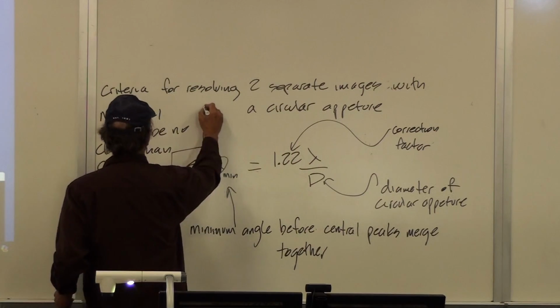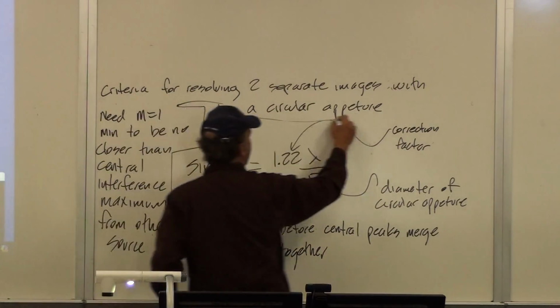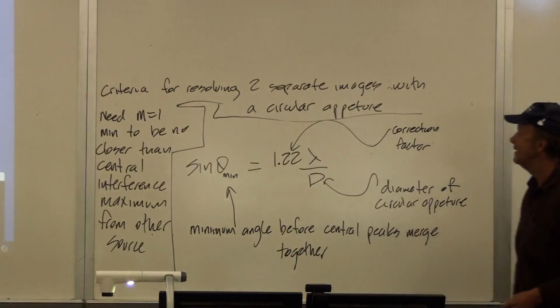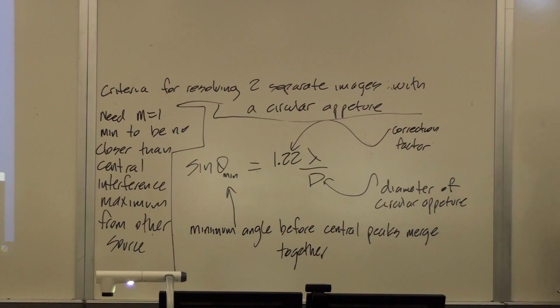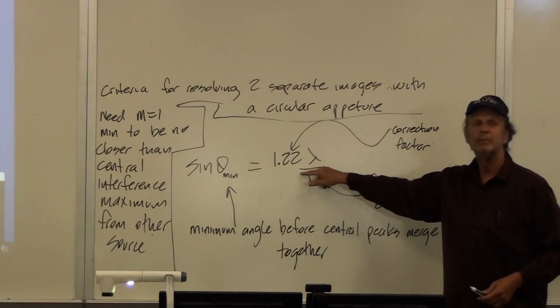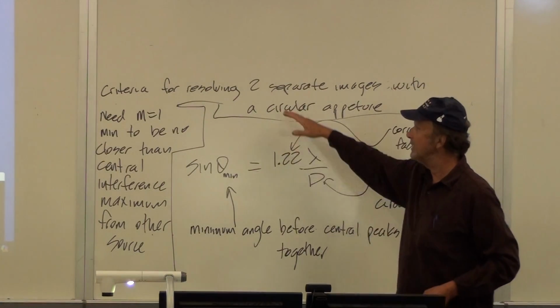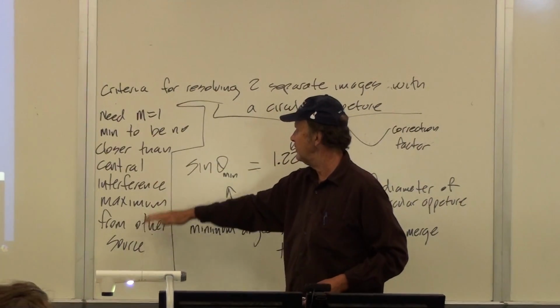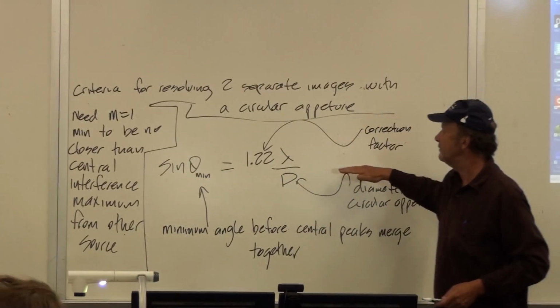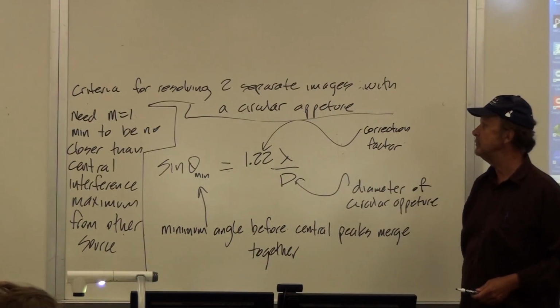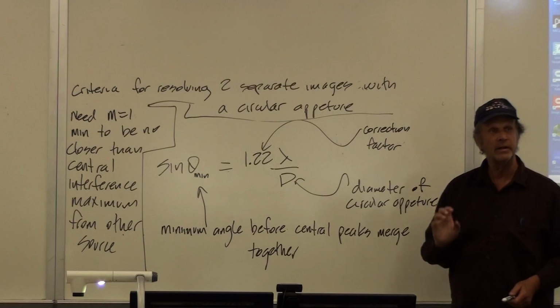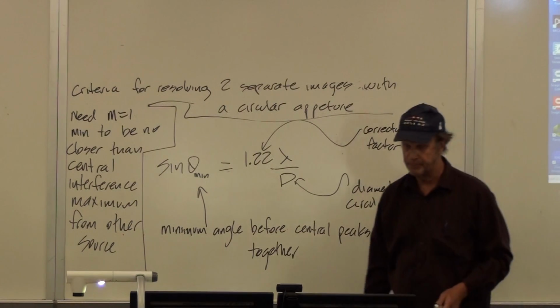And so when you do the math, and this turns out to be a little bit sophisticated to get the 1.22, you end up with this relationship. So there's no m value in here, because what you're doing is satisfying the Rayleigh criterion, and by doing that you're finding the minimum angle that can be resolved so that you can tell the difference between one object and the other.